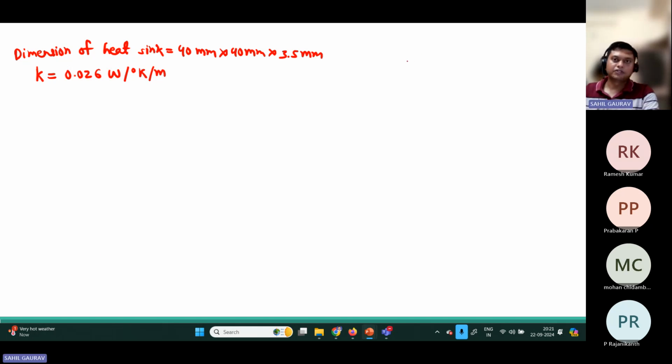So the dimension of the heat sink you can draw like this. This is 40 mm, and this height is 3.5 mm.